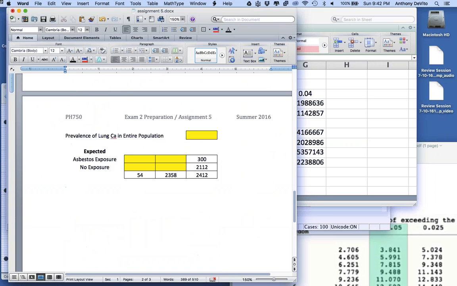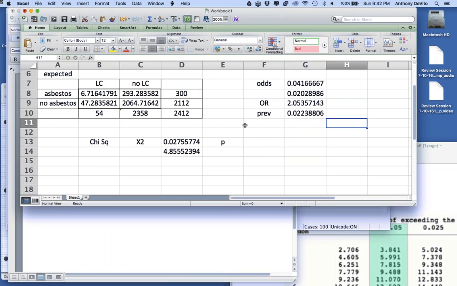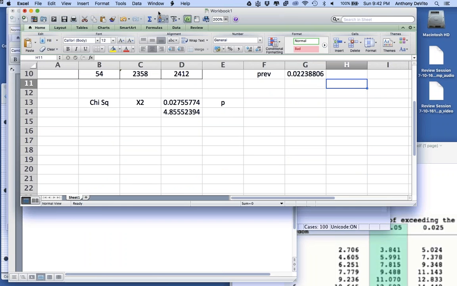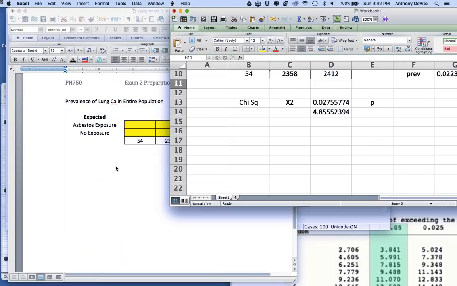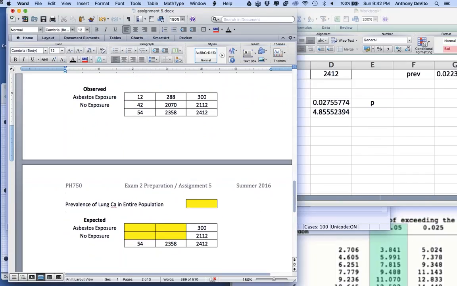Okay, so I'll make sure that there's a version of this spreadsheet uploaded to make it a little easier to fill out. But you could actually do this on your own.